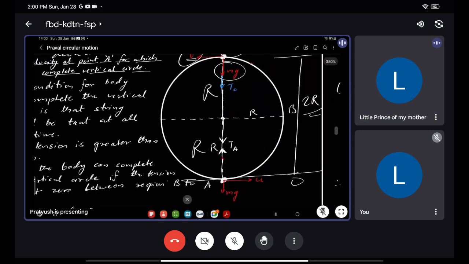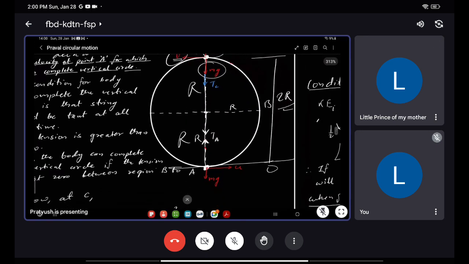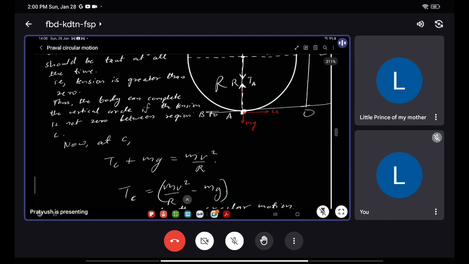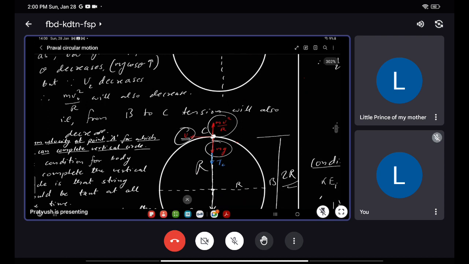Now, applying balancing equations, what do we get? Tension at C plus mg will be equal to mv square by r. At C, tension is in downward direction, mg is in downward direction, and mv square by r is in upward direction.